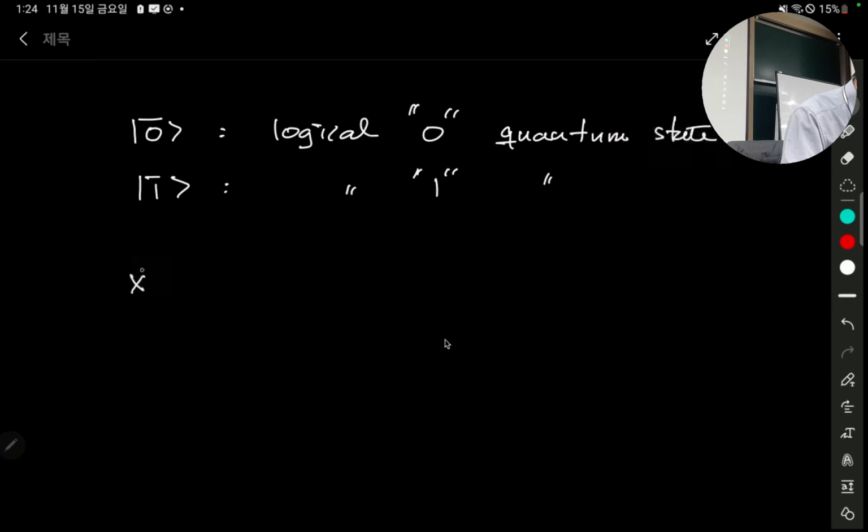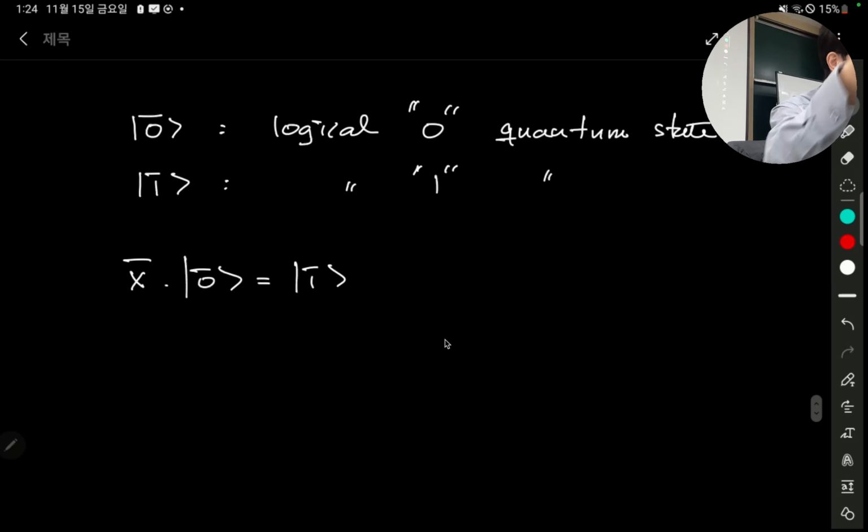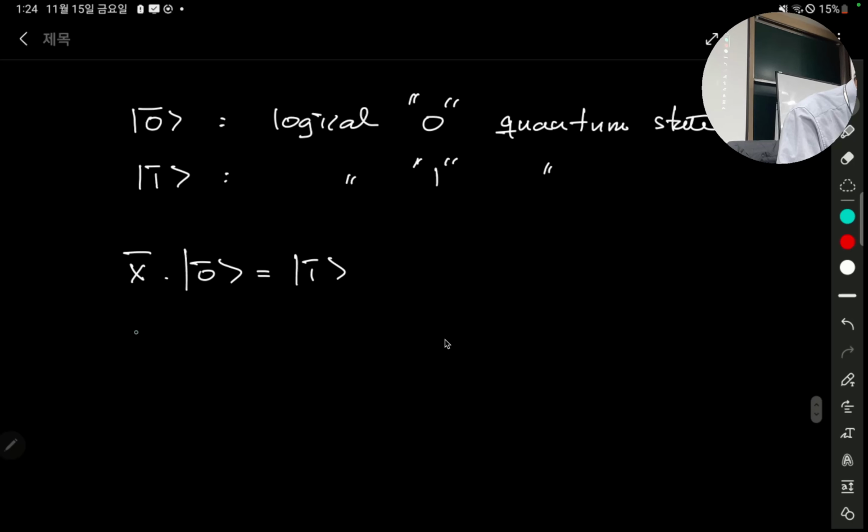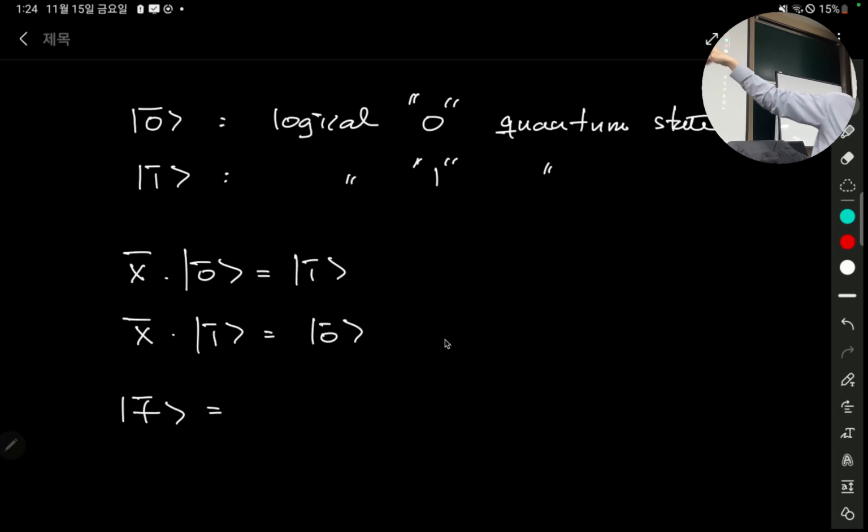What the logical X does is change the ket 0 logical state into the ket 1 logical state, and vice versa. And you can define plus and minus, with a bar over them. If it looks weird, I can make the bar a little bit bigger here.